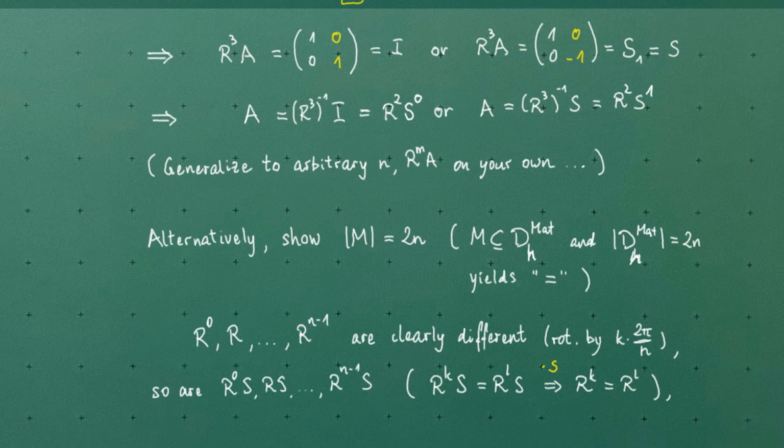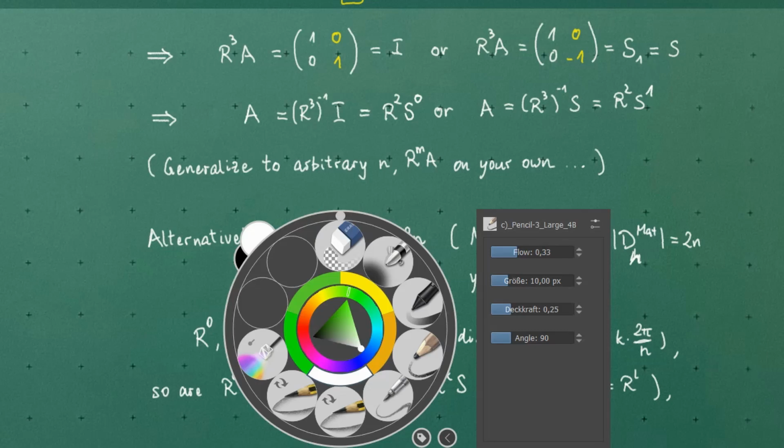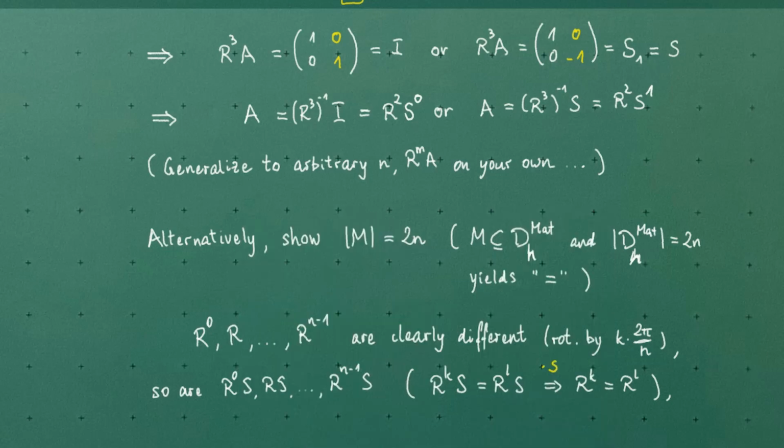K and L always numbers between 0 and n minus 1. As we said here, this cannot be true unless those two are the same. So those are n different matrices belonging to the set M. Those are n different matrices, but they could be equal to those here.